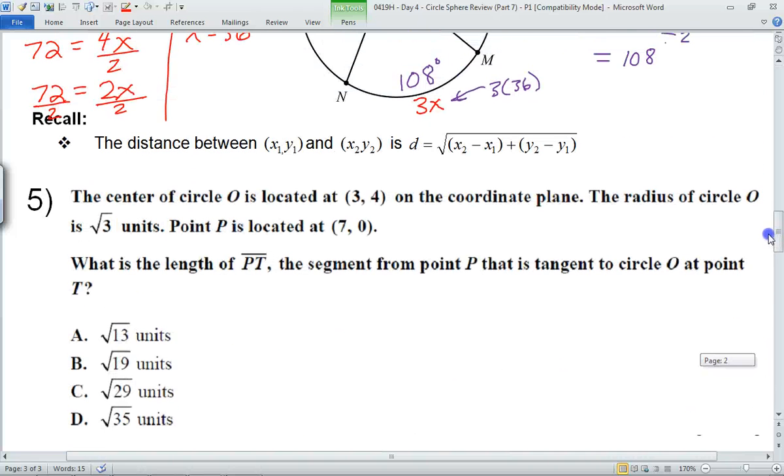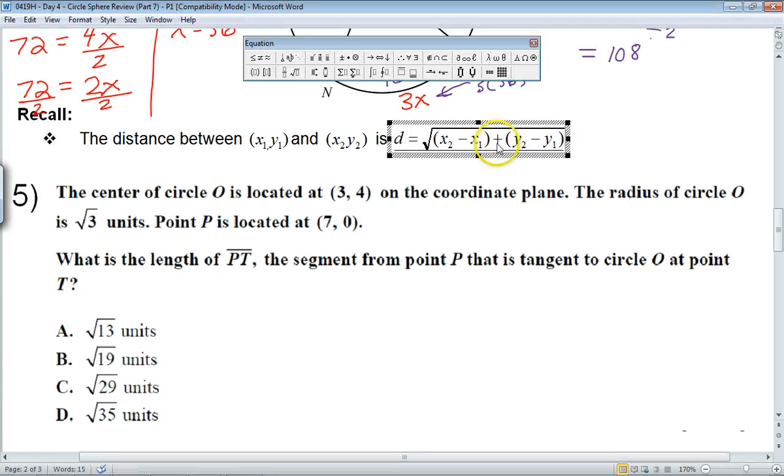Oh, you know what? I made a mistake. I need you to fix this on your paper. The formula is missing the squares. So I felt really bad about that. But please correct this now. That's what I get for working at midnight, because I make mistakes.